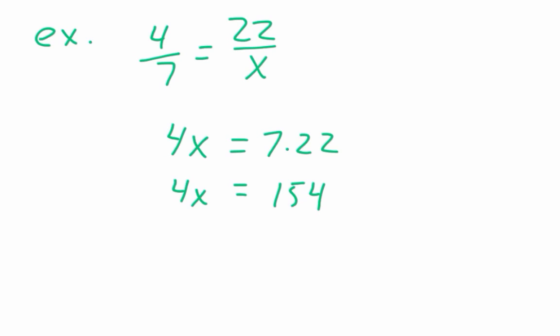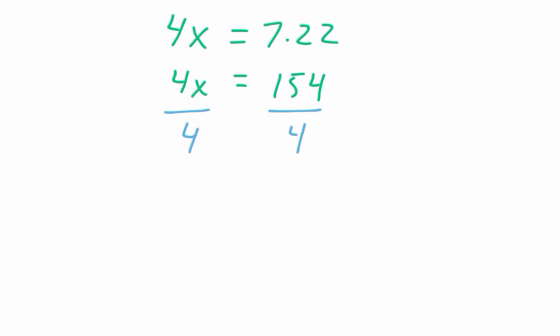Now when we go through and divide by 4, after you cross multiply, it'll always be a division next. We end up with x equaling 38.5. So I went pretty fast, but we okay on that?